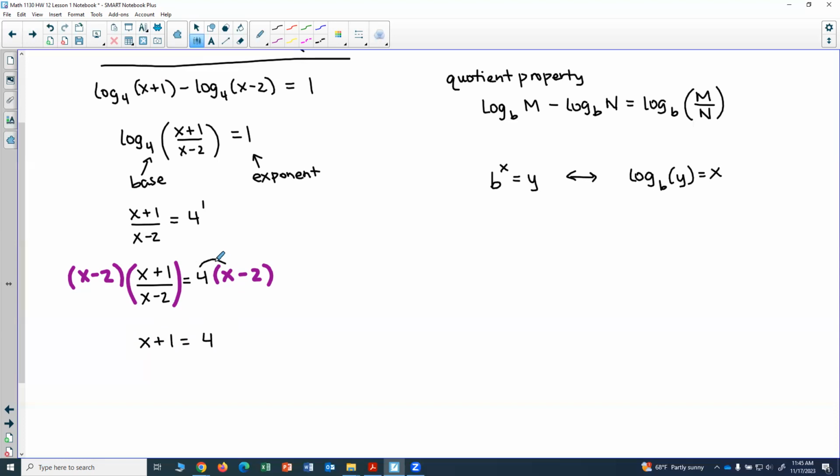I'm going to go ahead and distribute that. So it will be 4x minus 8. And I'm just trying to solve now. So I'll go ahead and subtract 4x from both sides. I'll go ahead and subtract 1 from both sides. So I end up with negative 3x equals negative 9. Divide by negative 3. And we end up with x equals 3.